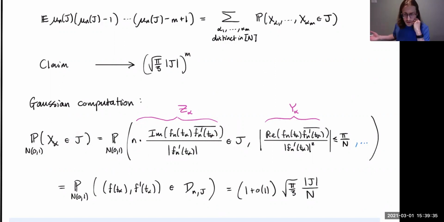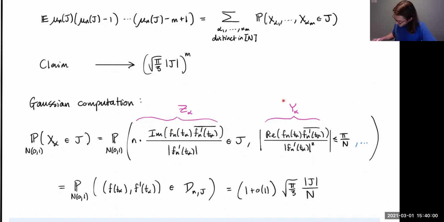It's just a high school geometry exercise to show that these are the formulas. It's in terms of the linearization. So the closest point, dropping a perpendicular from a line to the origin, you get these expressions. So they're just nice functions of the polynomial and its derivative at T alpha.